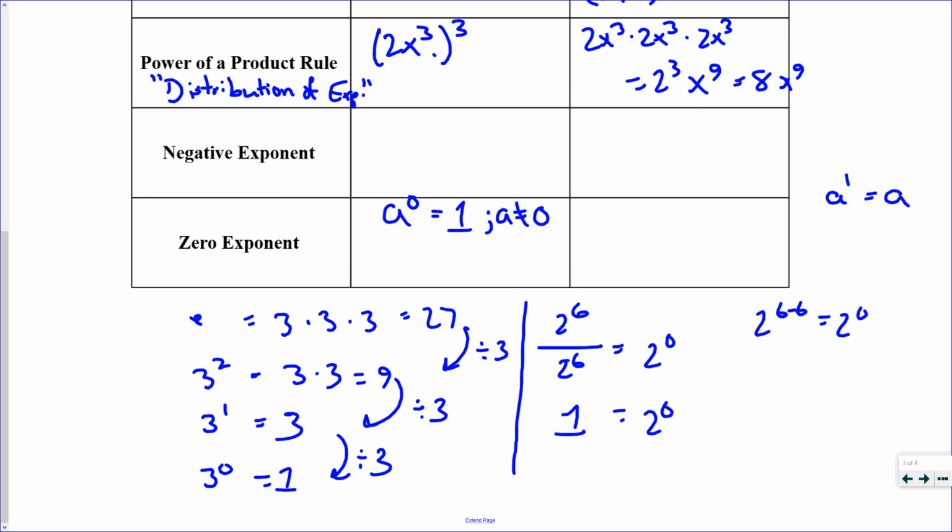I'd have 0 times 0 times 0 is 0. 0 times 0 is 0. That would be a 0. But then this would be a 1. But I'd be dividing by 0 each time. But I can't divide by 0. So this argument makes no sense.